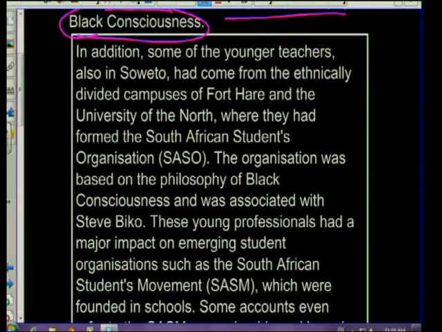Going straight on to the source, let's look at the keywords of the source. I will not go through the entire source with you. We'll just look at some key ideas.